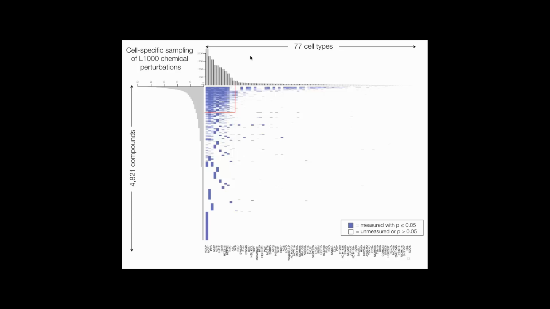And so what we've done so far is just focus on this fairly highly sampled space in the top left corner delineated by the red box. But the hope is that we can then extend the analysis to be able to make predictions in this larger space. Okay.